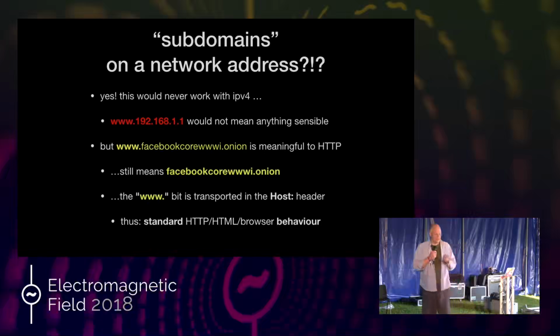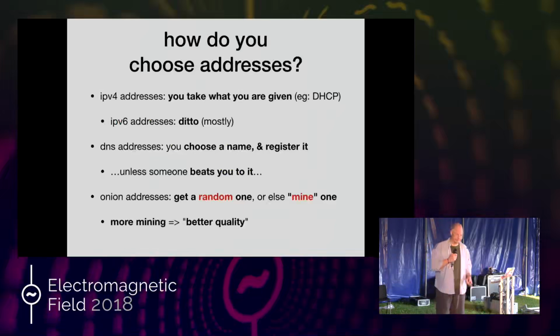However, www.facebook.core.onion is meaningful to HTTP. It still connects you to that binary onion address, but the www bit gets transported in the host header because it looks sufficiently DNS-ish, and everyone's happy. The addresses are treated equitably, and so you get standard www web sort of behavior, even with an onion address.